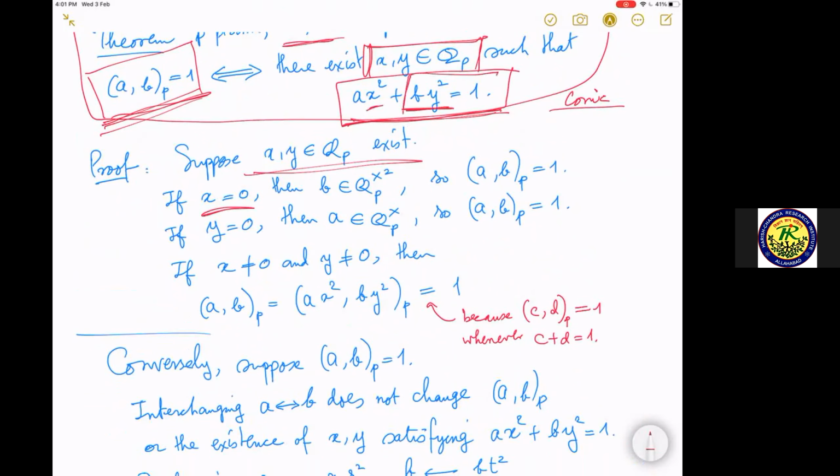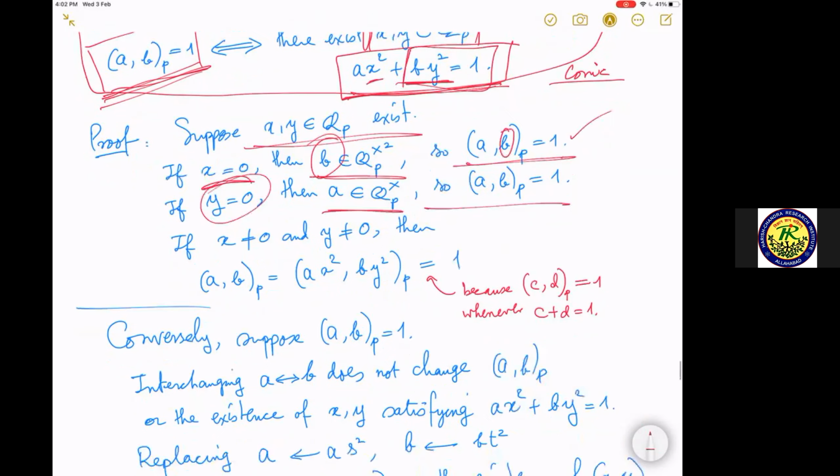I mean, you are left with this equation, which means that y squared equals b, so b has to be a square. If b is a square, then (a,b)_p is equal to 1, as we have seen. So in this case, the Hilbert symbol is equal to 1. If y is equal to 0, it's the same. Then a has to be a square, and therefore (a,b)_p is going to be equal to 1.